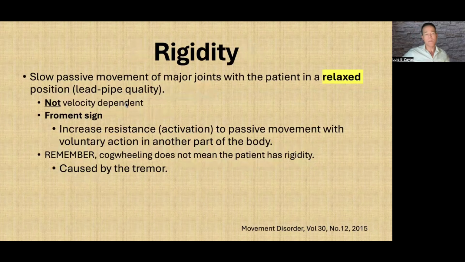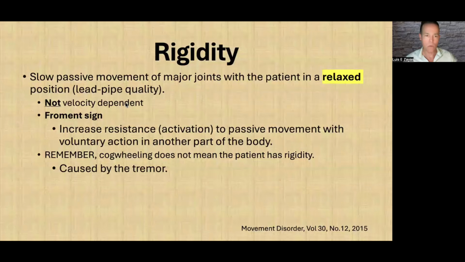Now, rigidity. The first thing you have to do is make sure the patient is relaxed. If the patient is not relaxed, that doesn't count. Why? Because then the patient will have paratonia, which is a lack of relaxation. You need to make the patient feel relaxed.